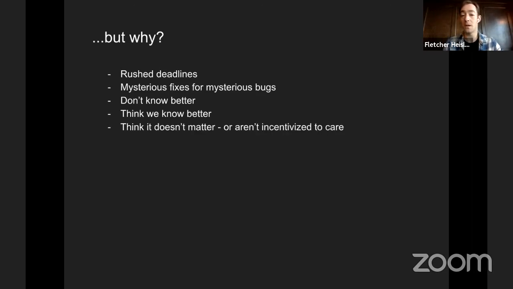Sometimes we just don't think it matters, or we aren't incentivized to care. This also has to come from our management and from whoever is guiding us in writing this code. If they don't care about security, maybe down the line we don't either. And so that has to be a team effort across the board. Sometimes requirements are just misunderstood or miscommunicated.